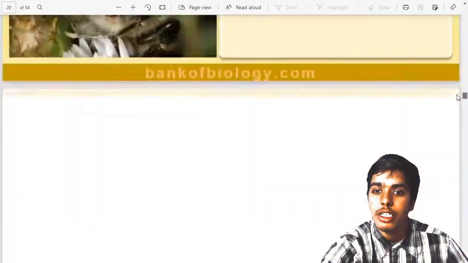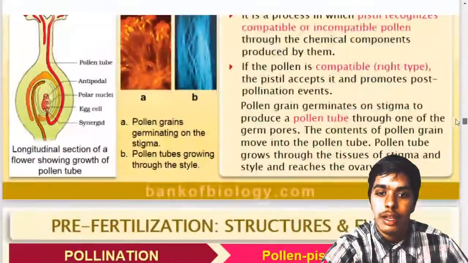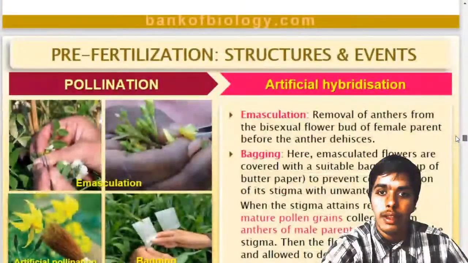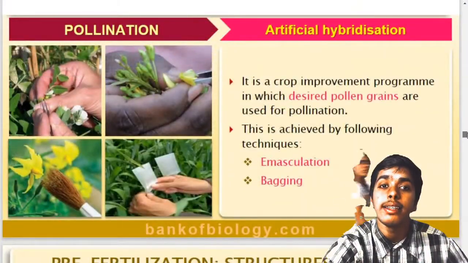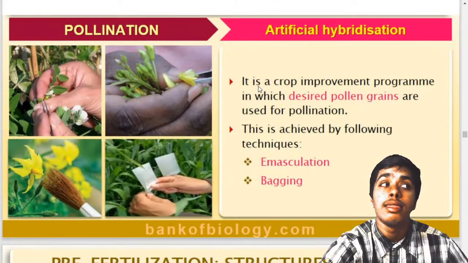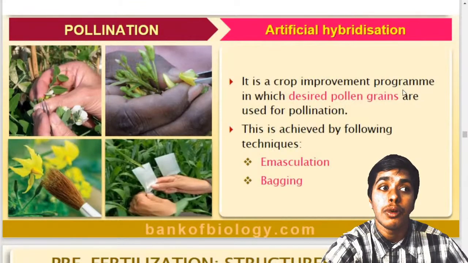Now our last part is artificial hybridization. Artificial hybridization is a crop improvement program in which desired pollen grains are used for pollination.